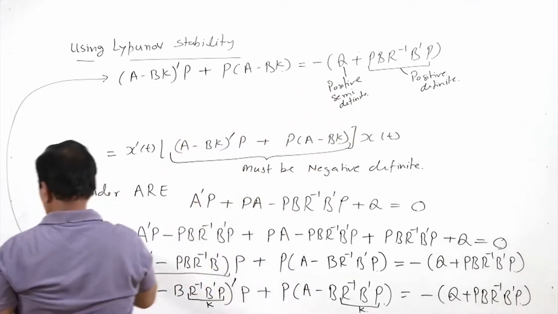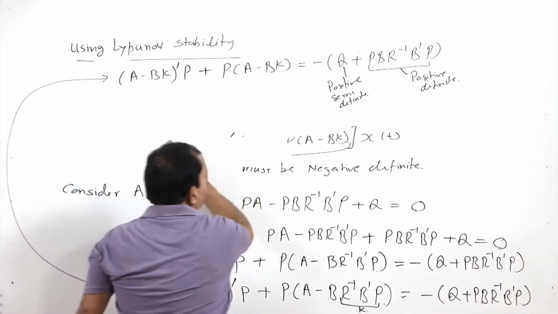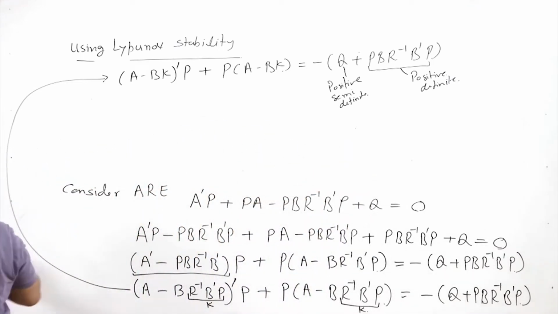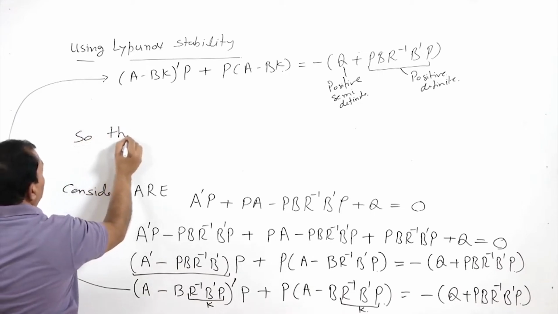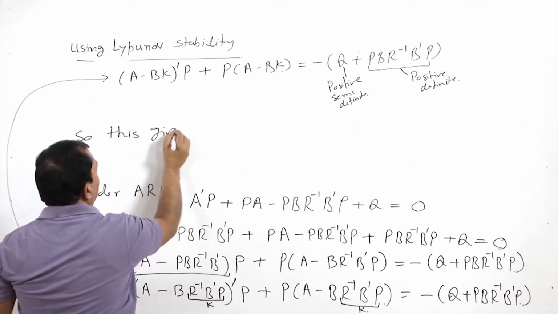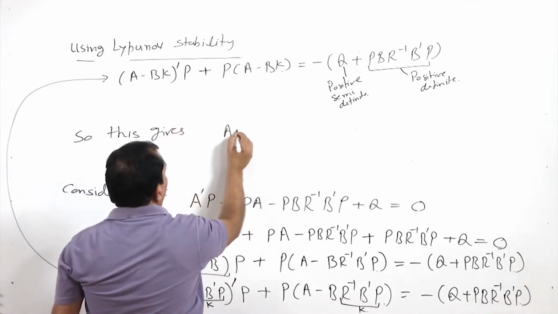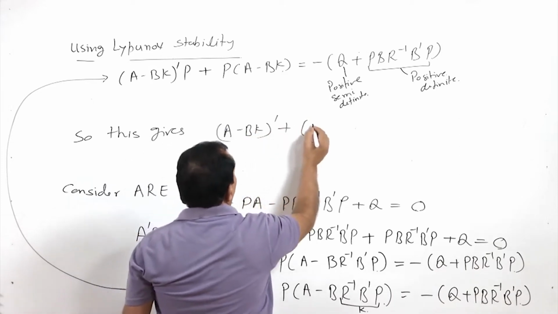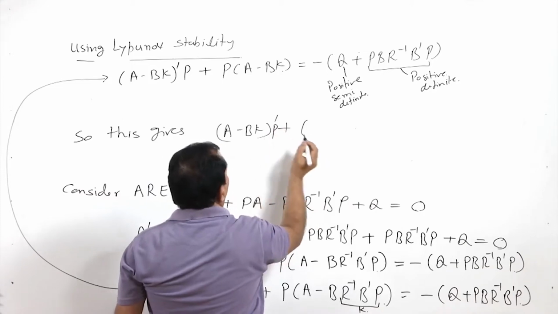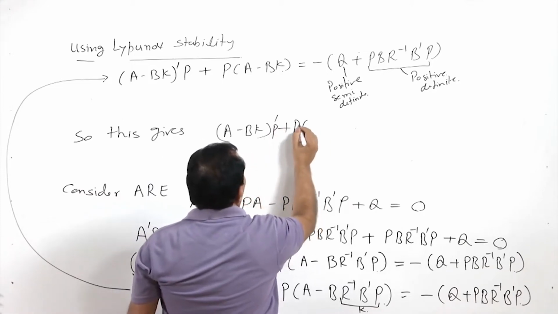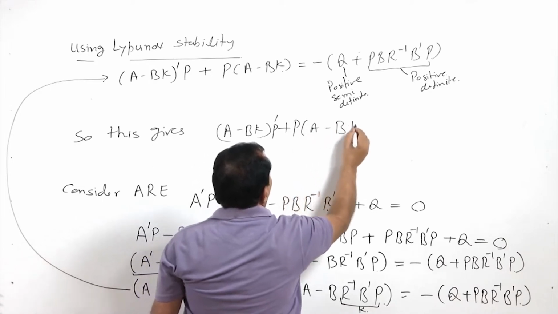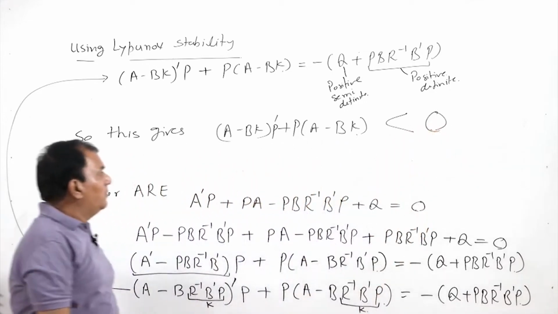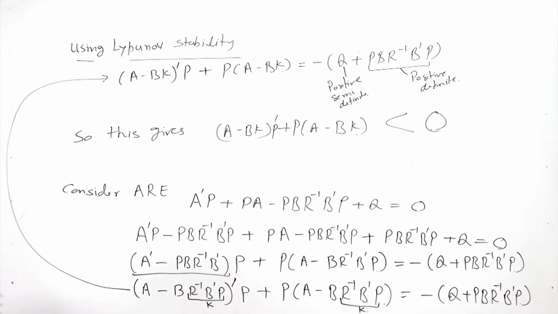So, this shows, so this gives me A minus Bk prime P plus P A minus Bk is less than 0, means A minus Bk is a negative definite matrix.